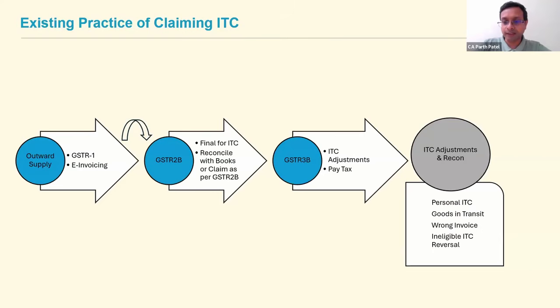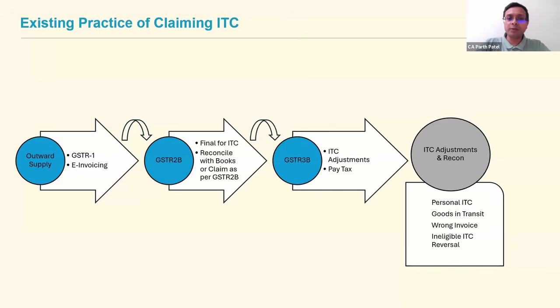There are a few ineligible ITCs which we identify from the provisions of the GST, which we have to reverse, right? So in all these situations, we have ITC adjustments and reconciliations within the GSTR2B. So GSTR2B has become a complex return from the assessment perspective.